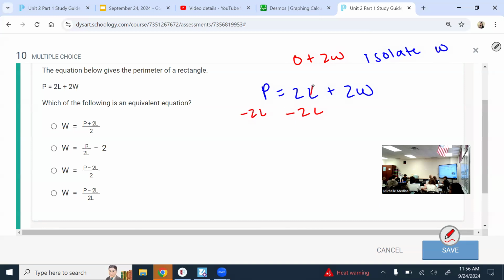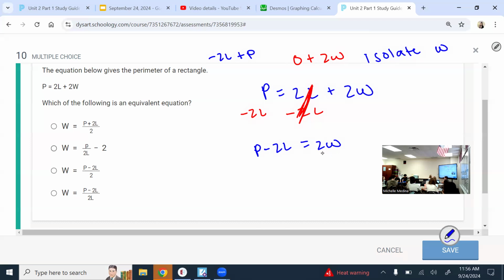So this cancels out on the right. I just have 2W. On the left are these like terms, P and L. So all I can do is rewrite them. And looking at my answer options, they have the P first, so that's how I'll keep it. If they didn't, I would probably just rearrange the order, but it looks more like this in my answers.